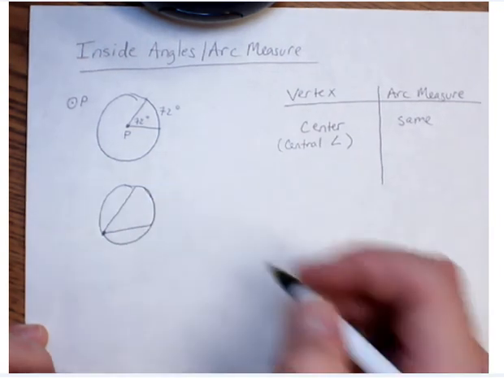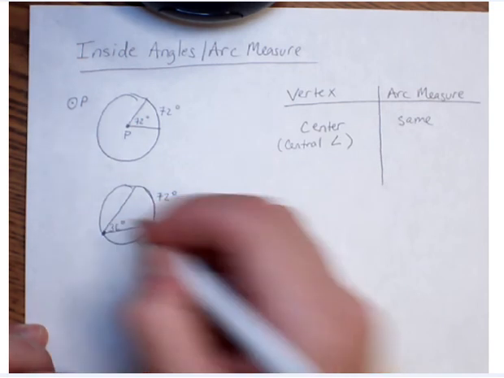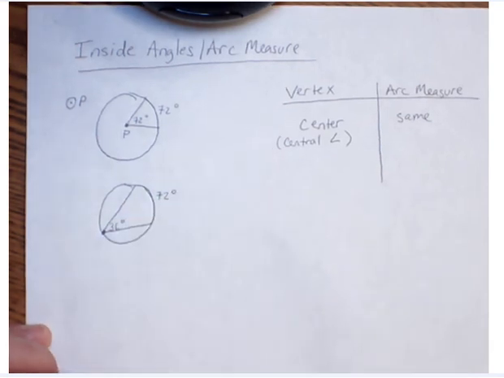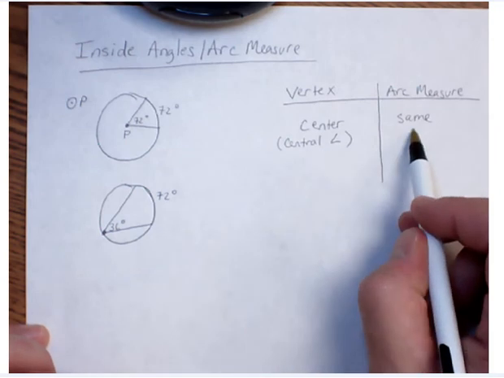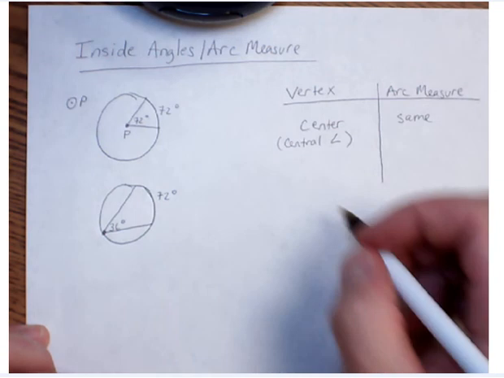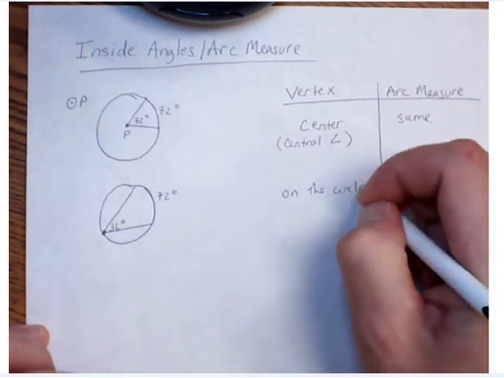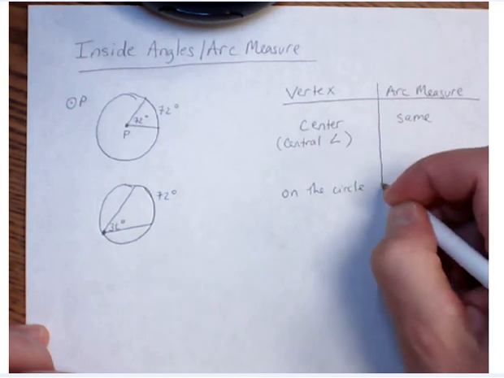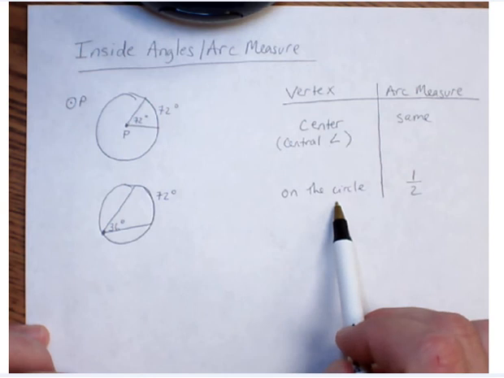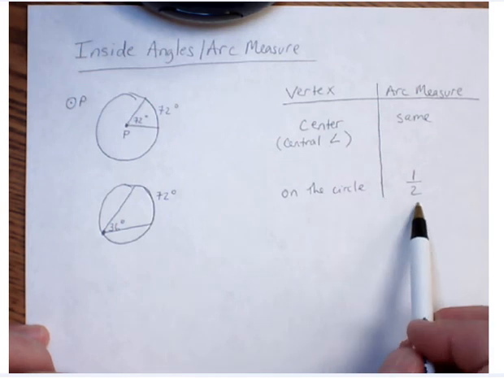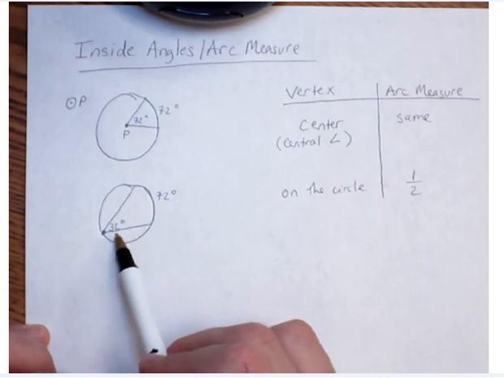So let's say that the arc measure is 72 degrees. Then the angle measure, the inscribed angle, is 36. If it's a central angle, the arc measure is the same as the angle measure. If the vertex is on the circle, the angle is 1/2 of the arc measure. So if the arc is 72, half of that is 36.